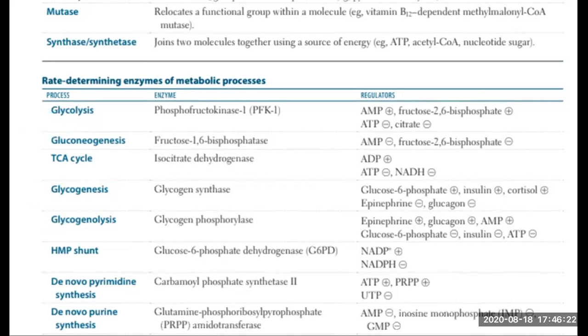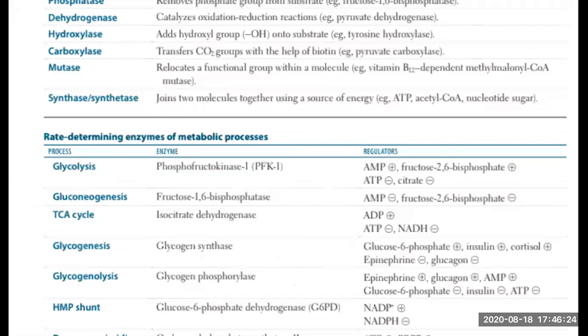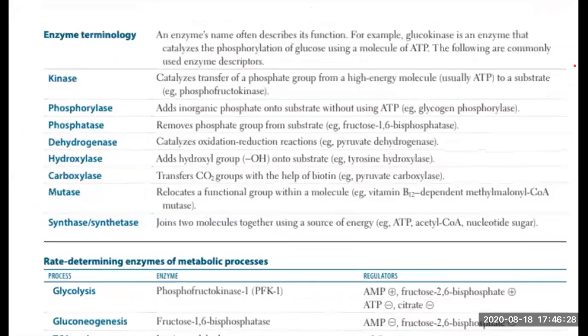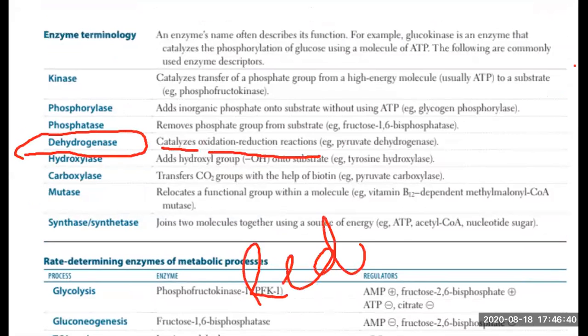First of all, you should know what dehydrogenase is doing. What is the function of dehydrogenase? Dehydrogenase catalyzes or speeds up oxidation reduction reactions. You have always heard redox reaction.